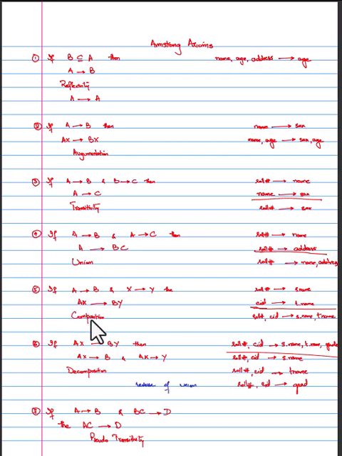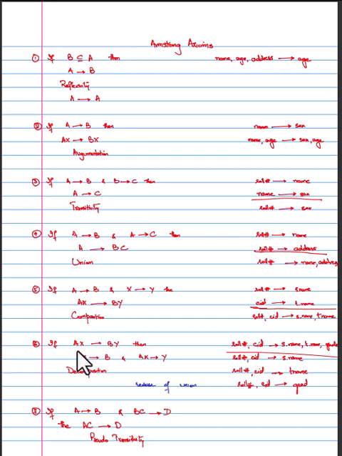Another property is the composition property. For example, if A identifies B and X identifies Y, these are two different attributes. A is a different attribute, X is a different attribute, and they identify different attributes. So we can combine the left side attributes and the right side attributes together, and say AX identifies BY.